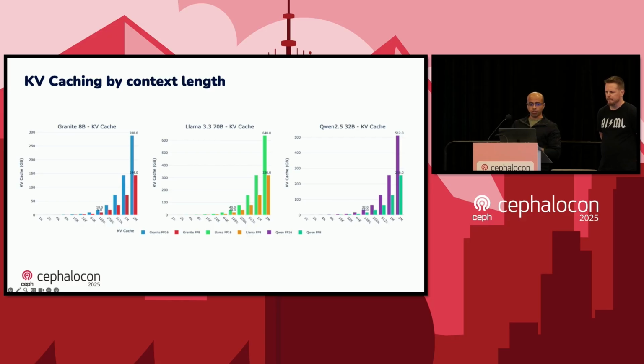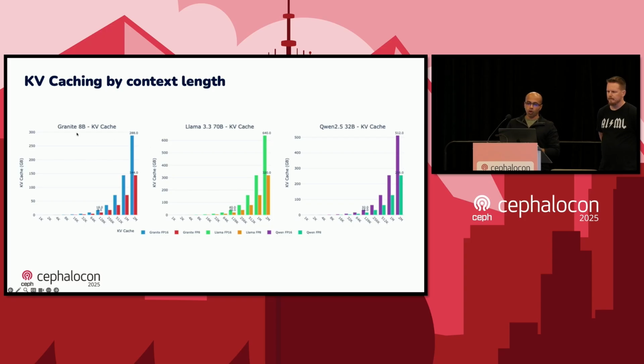Just to put things in perspective, look at a Llama model at 2 million tokens, and 2 million tokens is not uncommon. Gemini 2.5 Pro actually supports a 2+ million token window. At that size, the KV cache growth is upwards of 640 gigabytes.